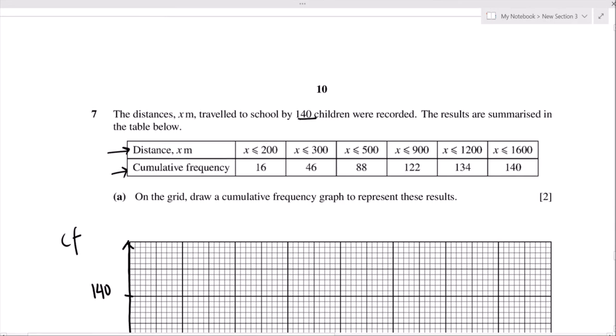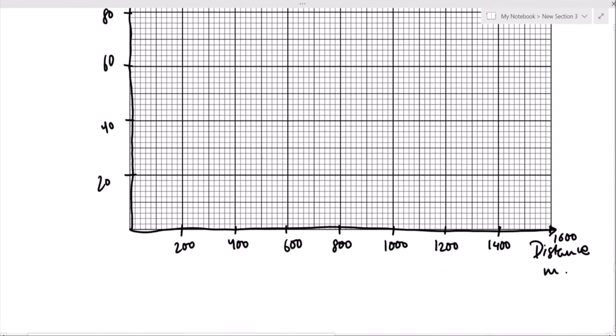So x less or equal to 200, that's 16. This is going to be on this side, and we need to plot the value of 16. So this is going to be 10, 12, 14, 16. That's this point right here.